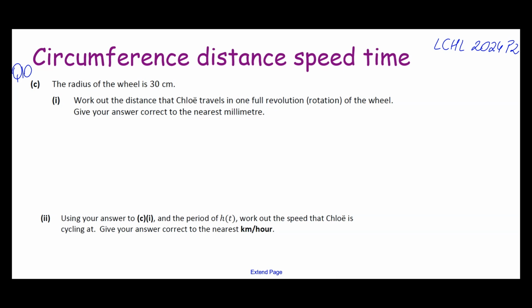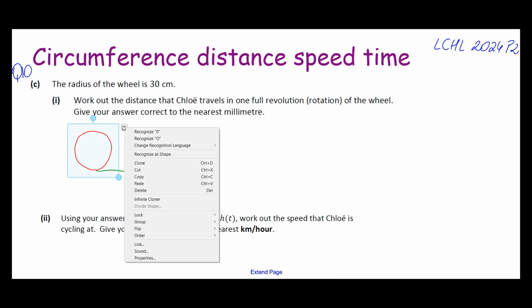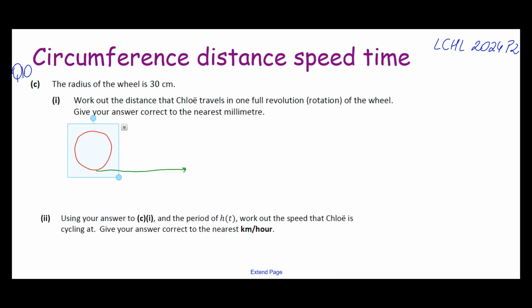So the idea is that if I have a wheel or a circle, and I travel with that circle, can we make it move? I was trying to see if I can make it actually move. I can only move it like that.